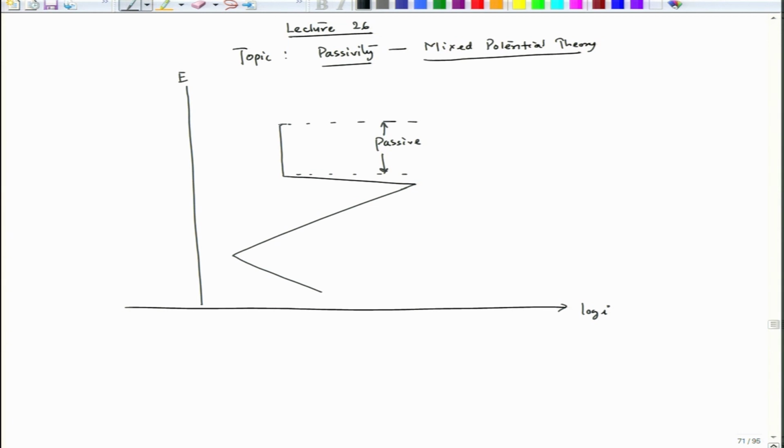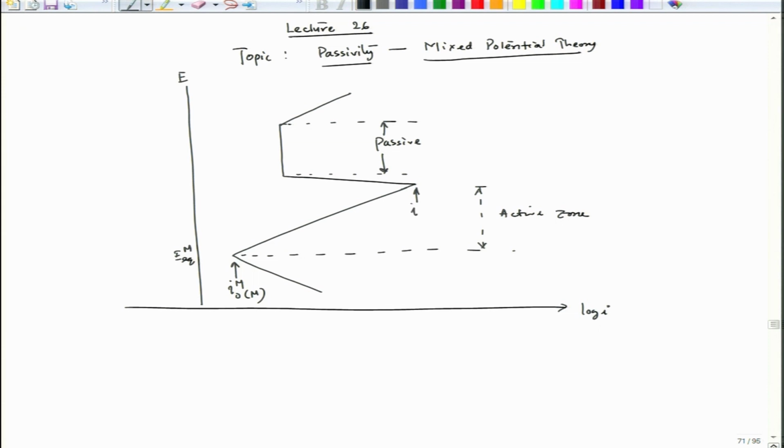Now if we try to pinpoint those points, let us start with transpassivity. When we have transpassivity, the line starts moving towards the right again, and we have seen those zones. This is the active zone, this is E equilibrium of the metal, and this is I 0 of the metal surface.